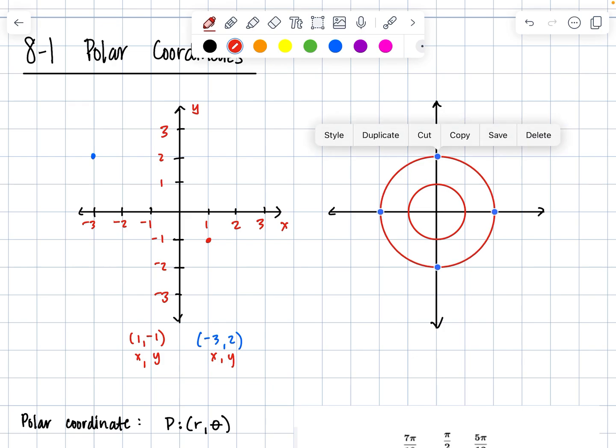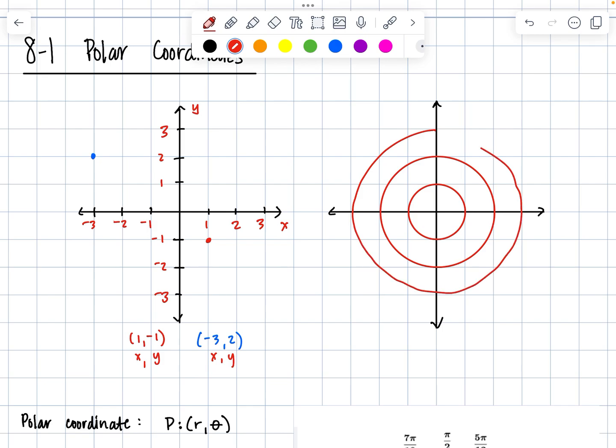This is very different than our typical way of thinking in rectangular coordinates because we want to think in radiuses, radii, and radians.